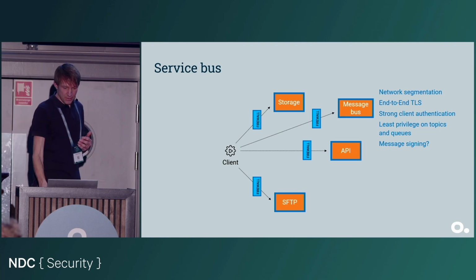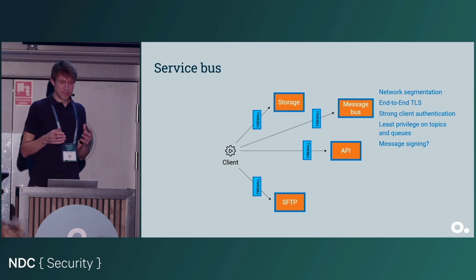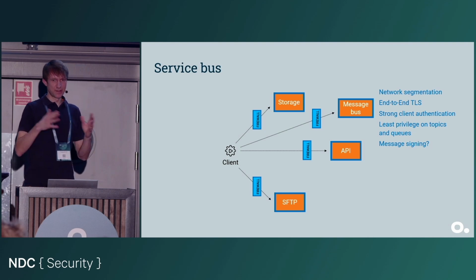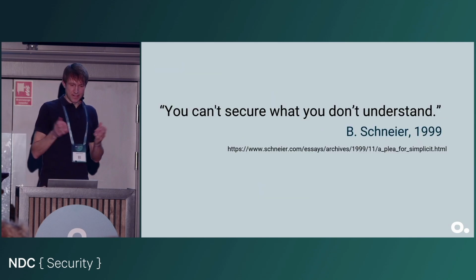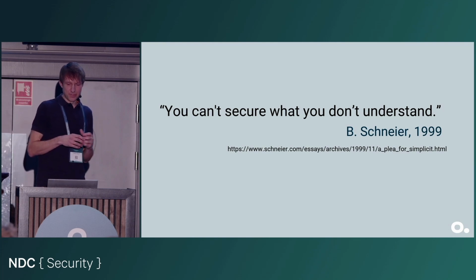But when we start to see this map, we realize that securing one of these paths is not that hard, perhaps, but securing all paths all the time, forever and ever, that is hard. You start to realize that complexity is really the enemy of security, and it was put very well by Bruce Schneier in 1999, and the headline there is "You can't secure what you don't understand," and I can really recommend reading this.